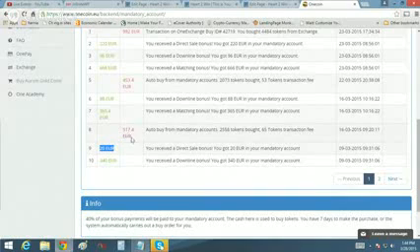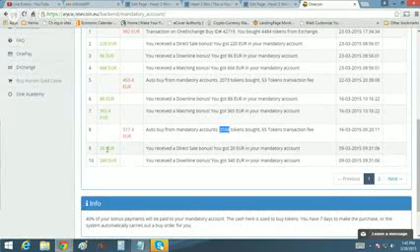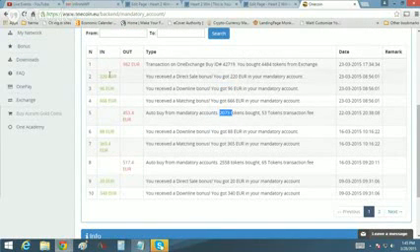Well, then I mined them and I bought tokens. It shows you right here. I bought 2,558 tokens with the money that was in my account. Then I earned some more in my mandatory account, and I purchased some more tokens. Then I earned some more money in my mandatory account. Then I purchased some more tokens.